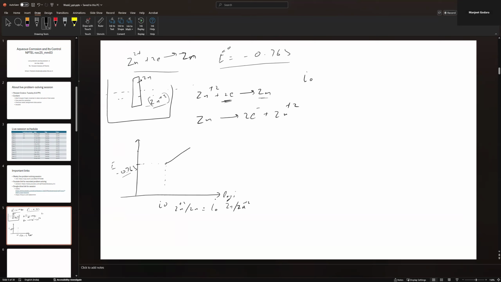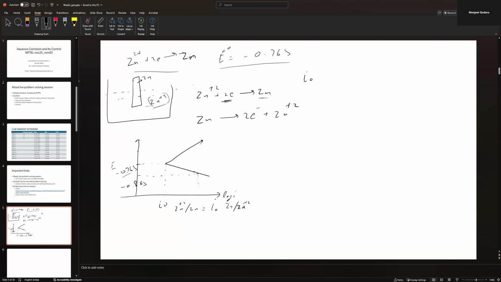To make it less negative, it will go like this. Make it more negative, it will be something like this. If you take any point, suppose this point, you've increased the negative potential. Suppose this is minus 0.863.